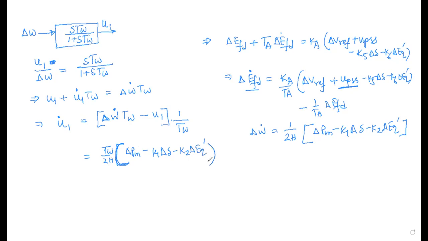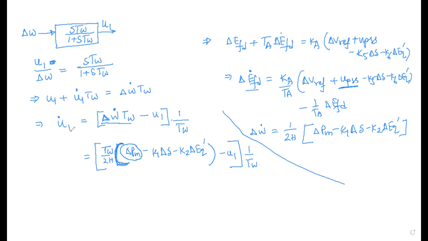So this completes this part. Then minus U1, and this is the equation that you will get for U1 dot. Okay, this del PM is nothing but one of the inputs, a disturbance input, of course, not the control input.